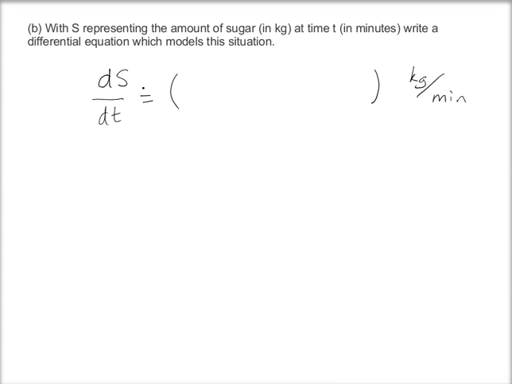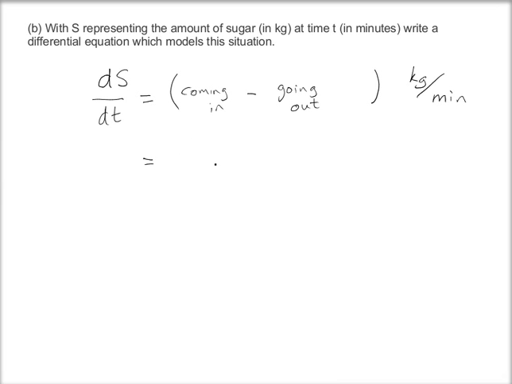And how can we think about how the amount of sugar is changing? We have to think about there's sugar coming in, and then there's sugar going out, so we want to take the sugar coming in and subtract the sugar going out. Alright, so what are those?